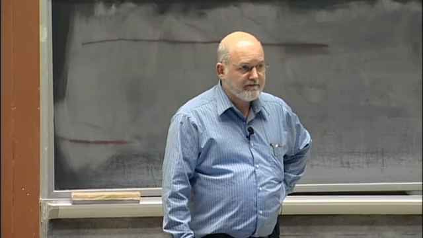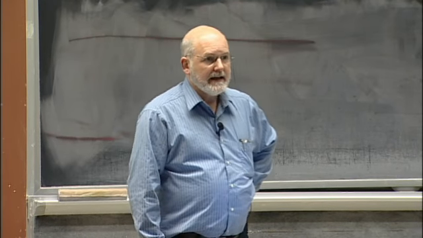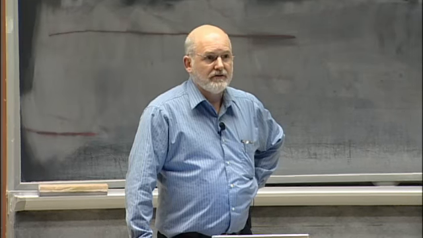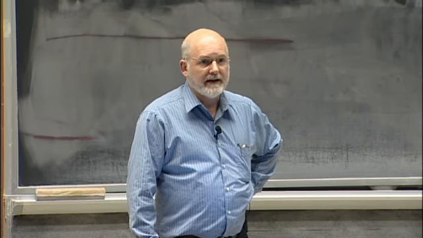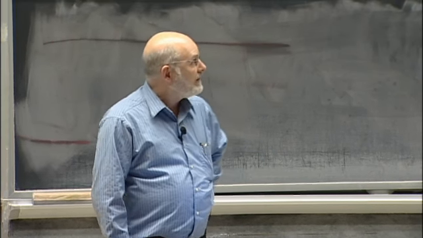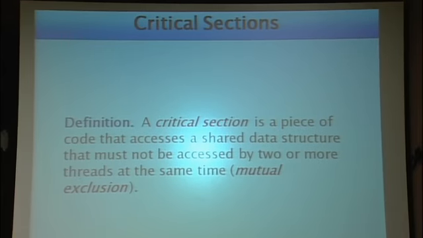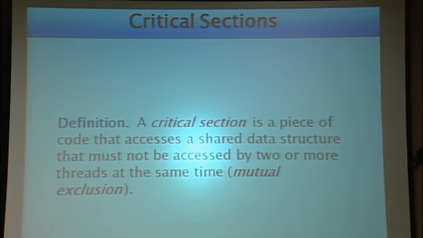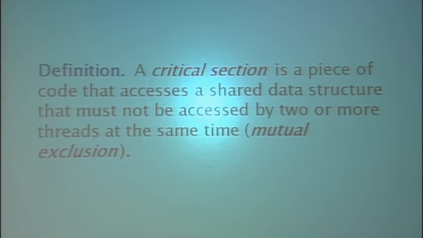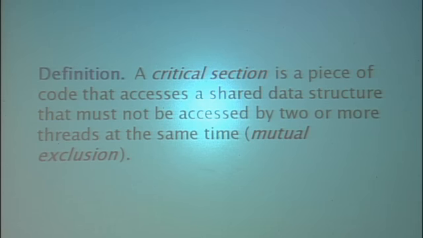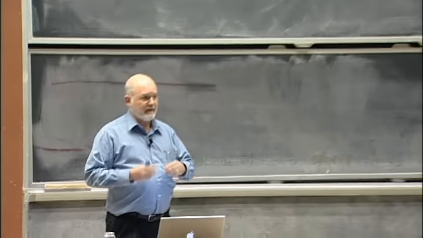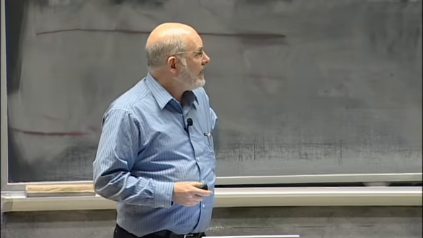So one of the classic ways of fixing this kind of race bug is to insist on some kind of mutual exclusion. Okay? So a critical section is a piece of code that accesses shared data that must not be executed by two threads at the same time.